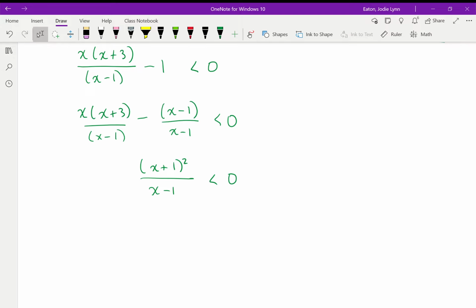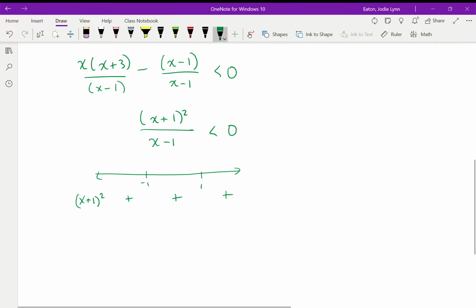So if we have x plus 1 squared over x minus 1, we can look at things that are happening at negative 1 and things that are happening at 1, because those are the two places where our terms may be changing. So x plus 1 squared is going to be positive the whole way through because it's something squared.